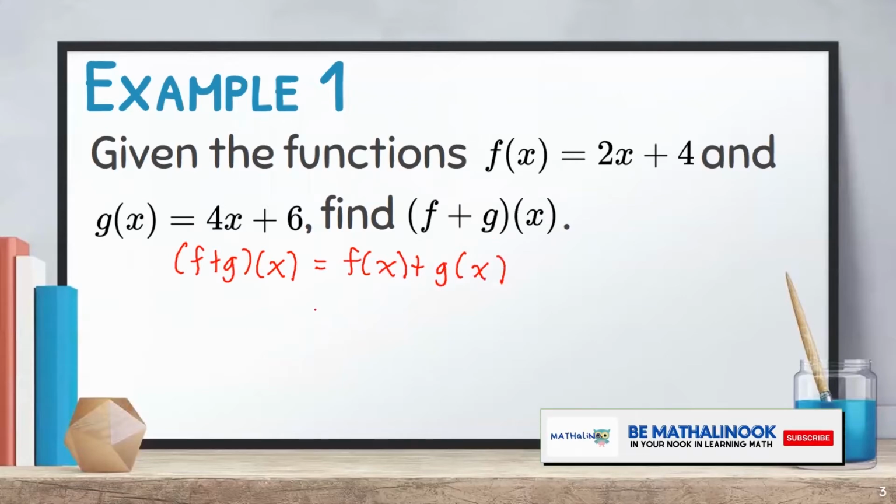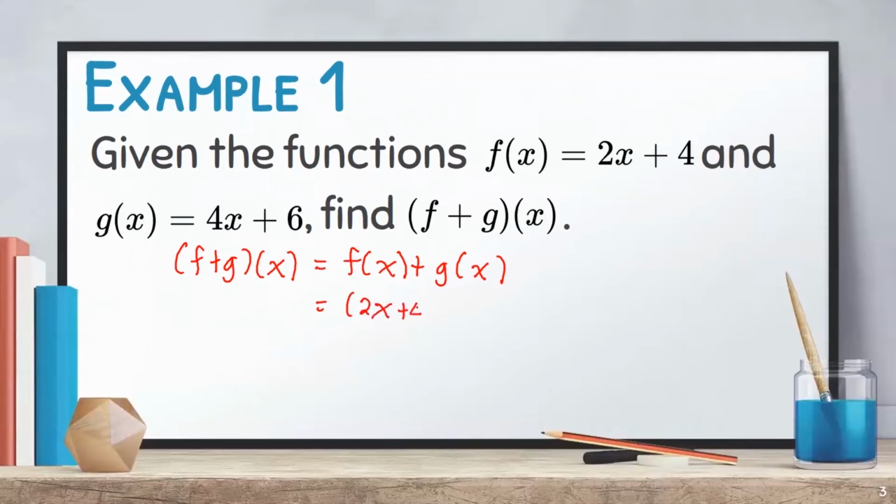Thus, we will have 2x plus 4 plus 4x plus 6. What we did here is we substituted the given f of x and the given g of x to our formula. In simplifying this expression, note that we can only combine similar terms. Similar terms are terms with the same variables and exponents respectively.